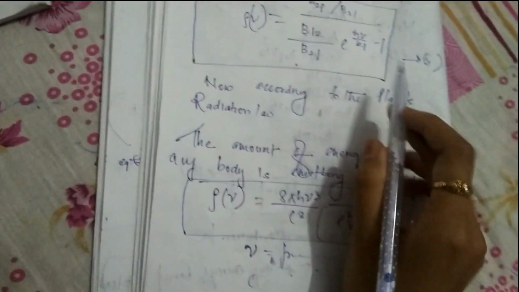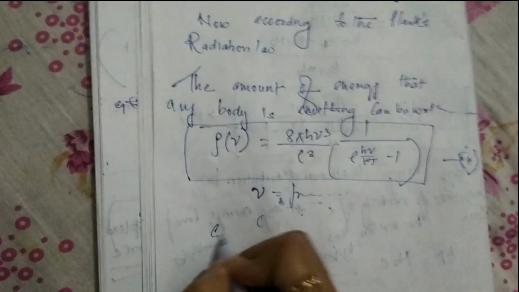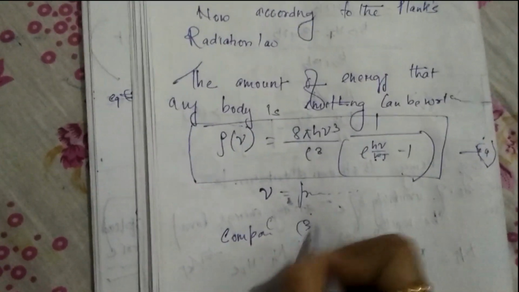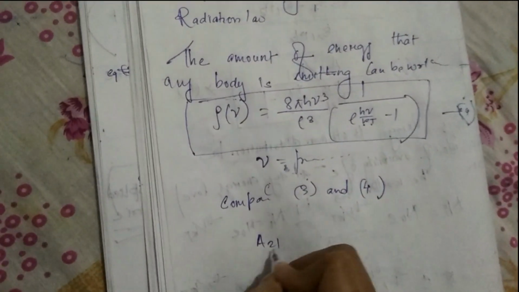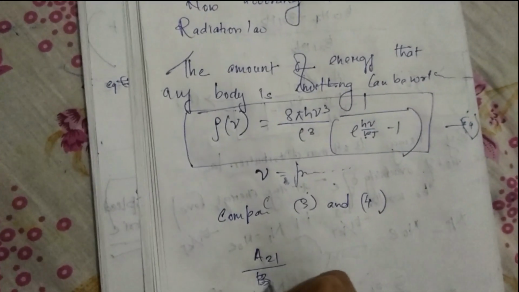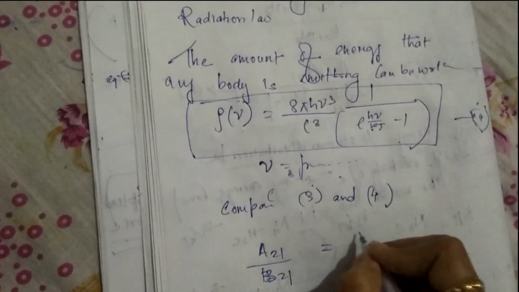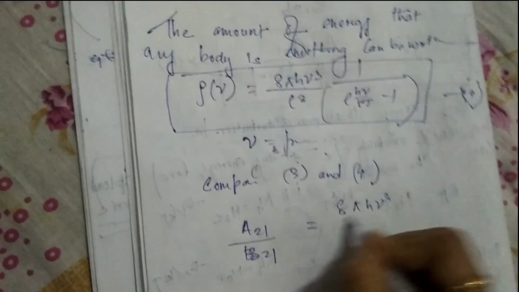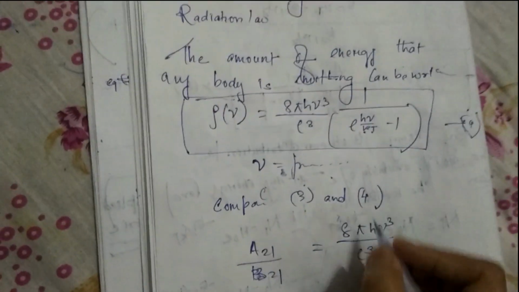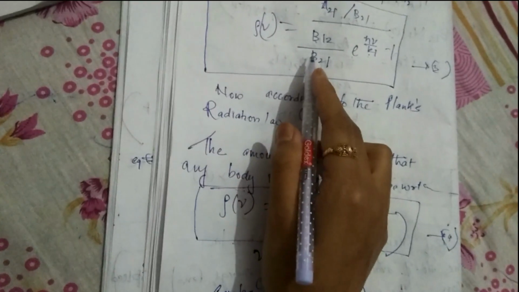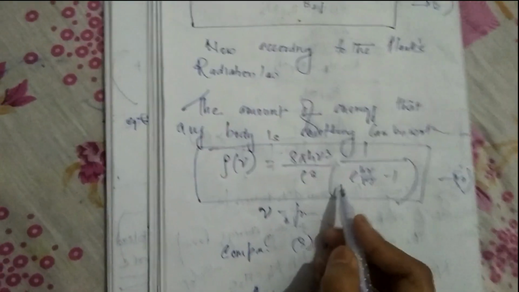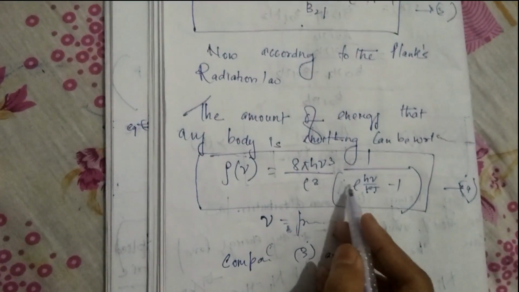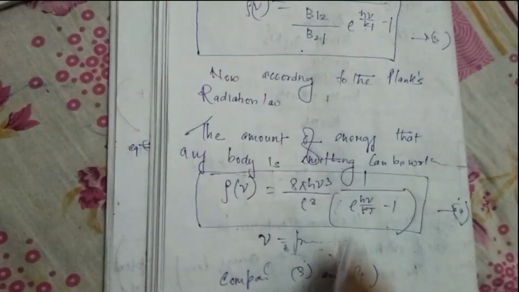Now can we compare equation 4 and 3? Yeah, compare equation 3 and 4. Comparing 3 and 4, we get A21 by B21 equals 8 pi h nu cube by c cube, and B12 by B21, as it multiplies with some 1, equals 1.